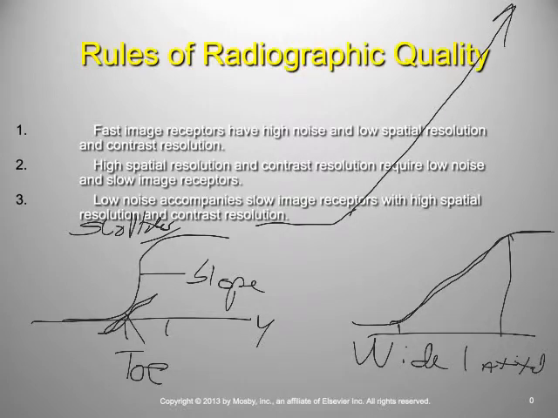This is what dose creep is kind of graphically. It doesn't have a shoulder. A digital system will just keep on receiving. It'll keep on receiving.